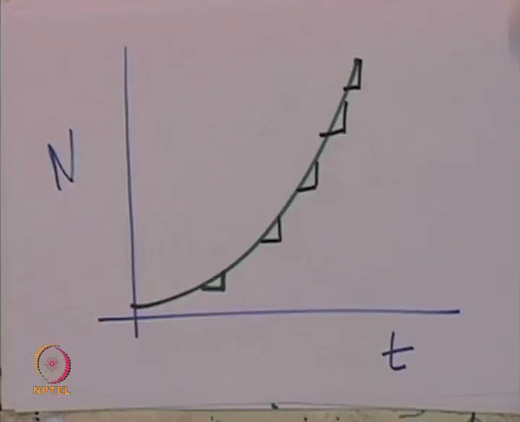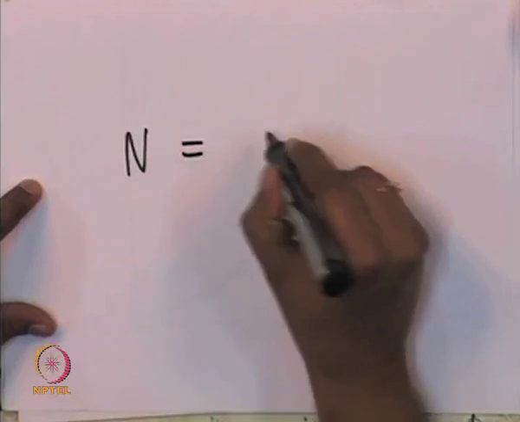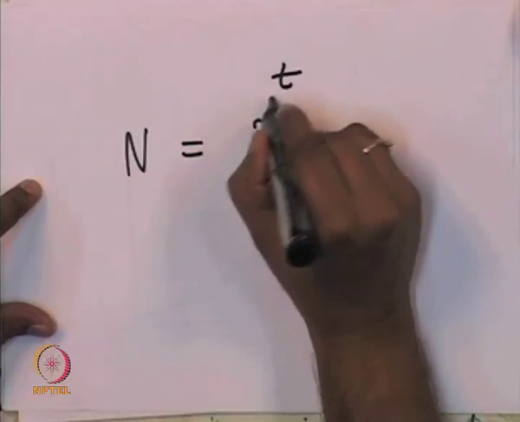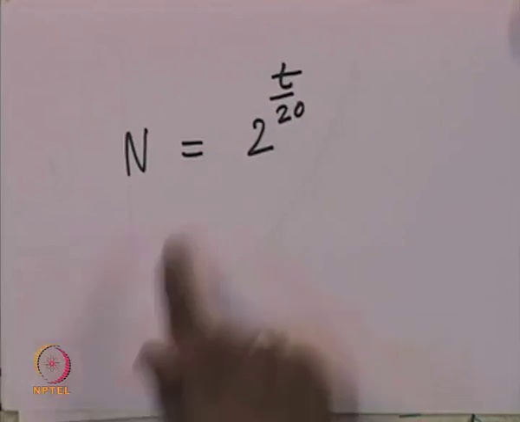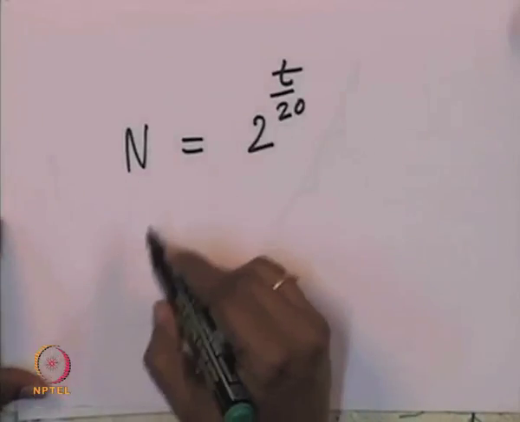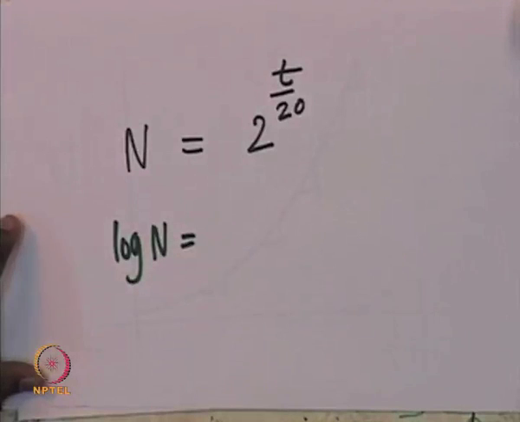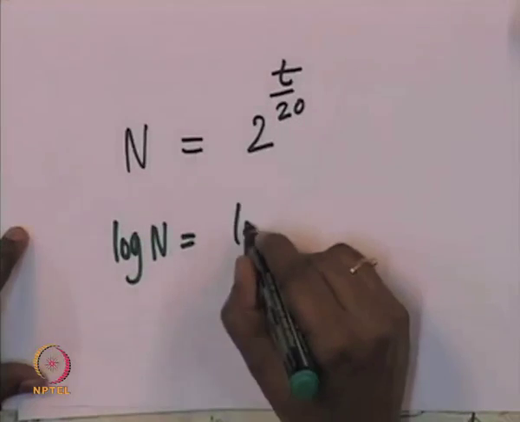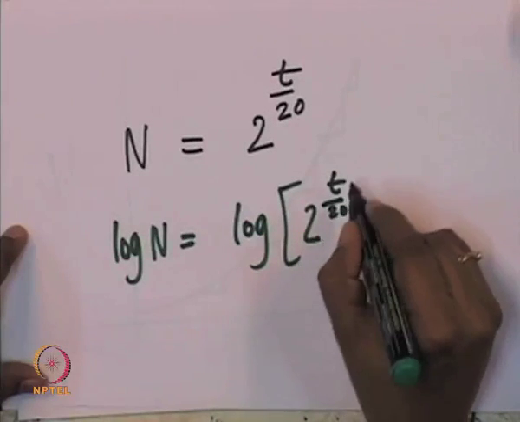So we can use this mathematical identity. What we know here is that the function we have is n equals 2 power t by 20. Now, if you find the logarithm of this, log n is log of 2 power t by 20.